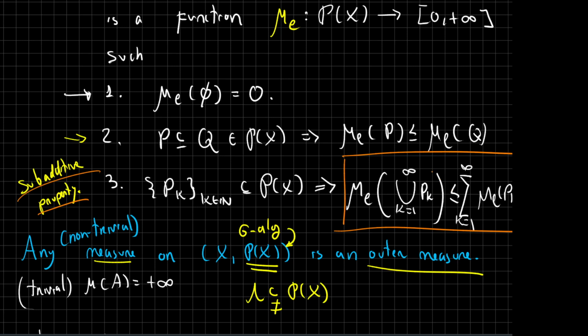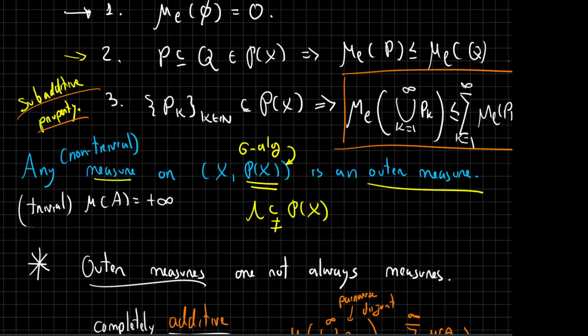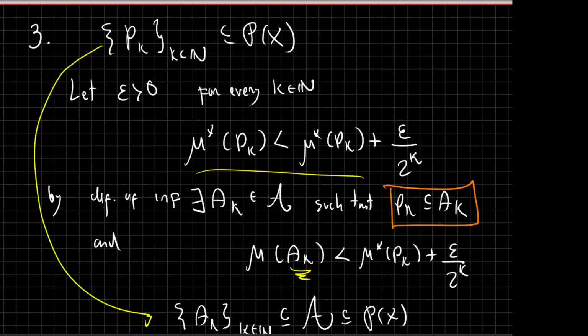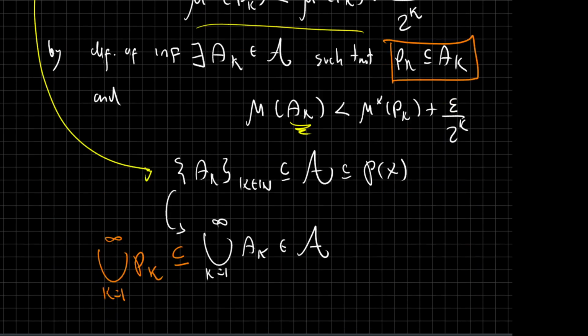So we will need to find some upper bound of the value of mu star on the countable union of every P_k. We are already on the right track because we are working toward an upper bound here, so it's all going according to plan.